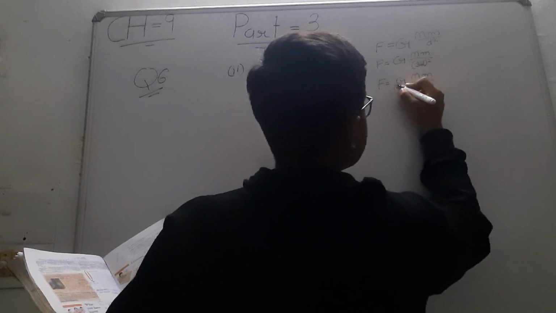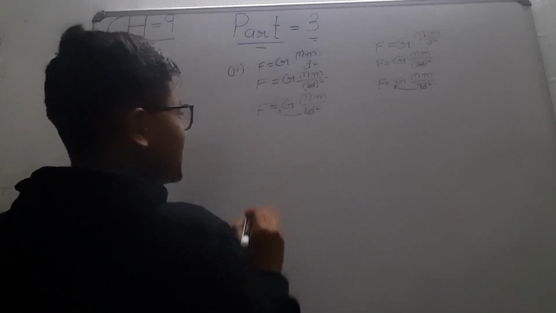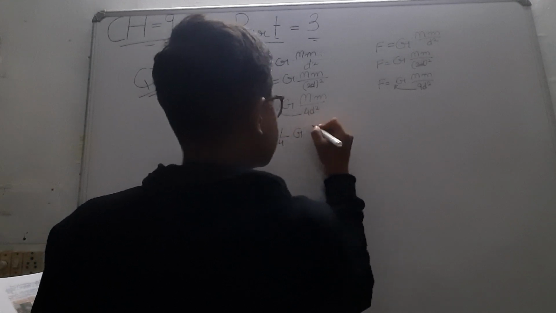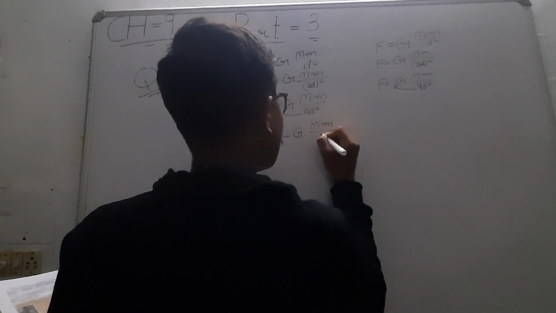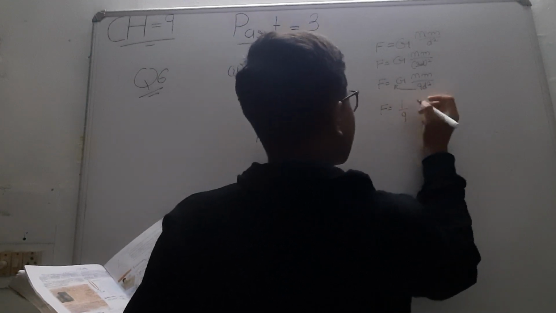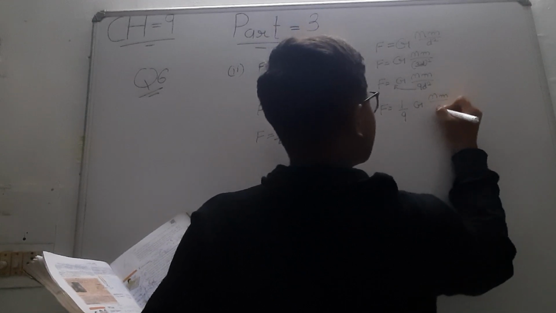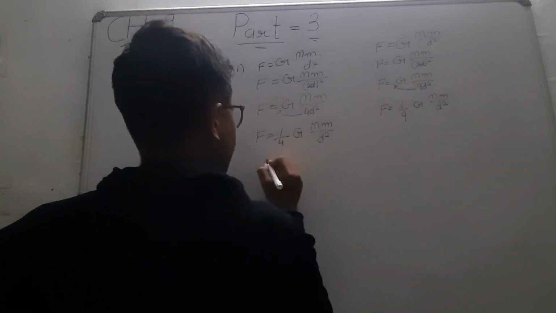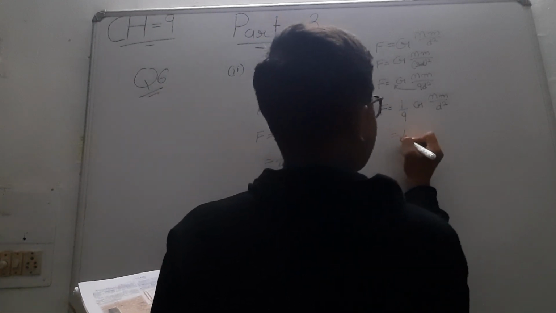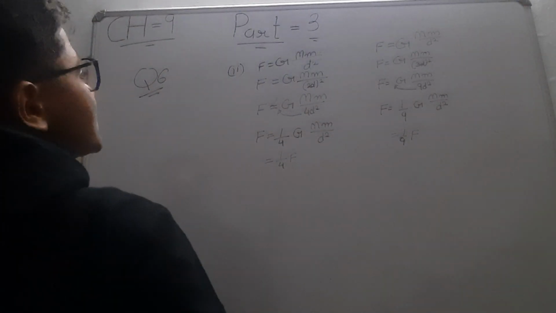Now the 4 and the 9 come to the other side, so it becomes 1 upon 4 G m1 m2 upon d square, and 1 upon 9 G m1 m2 upon d square. So we can write 1 upon 4 F and 1 upon 9 F. Here is the solution of question number 6, part 2.